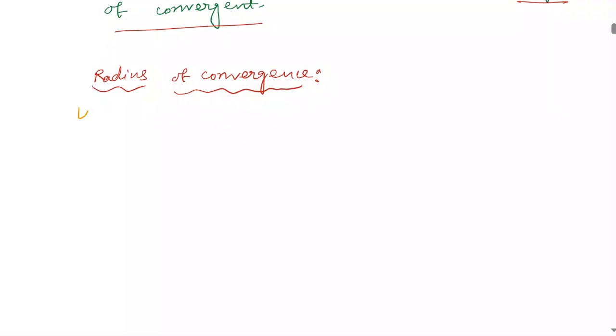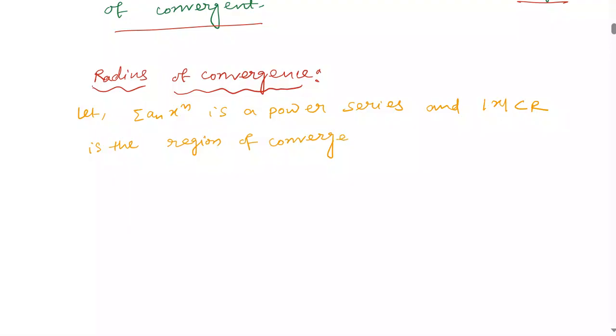Let sum a_n x power n be a power series and mod x less than r be the region of convergence, okay, then r is called the radius of convergence. Clear?